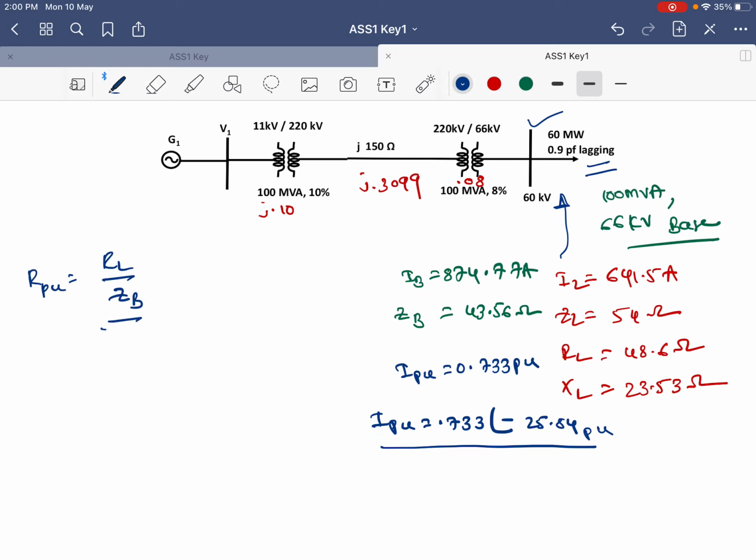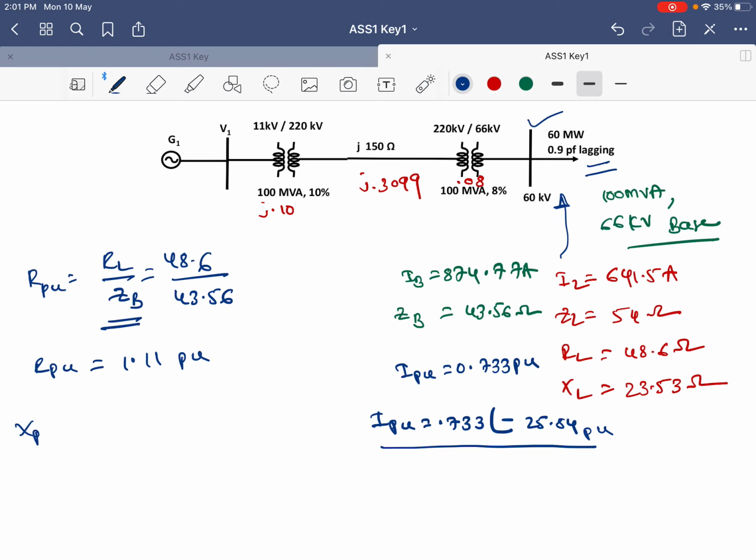Be very careful: even though it is resistance, for the base quantity you have to divide by the base impedance only. The actual value of the resistance is 46.6 and the base impedance is 43.56. Therefore R per unit is 1.11 per unit.